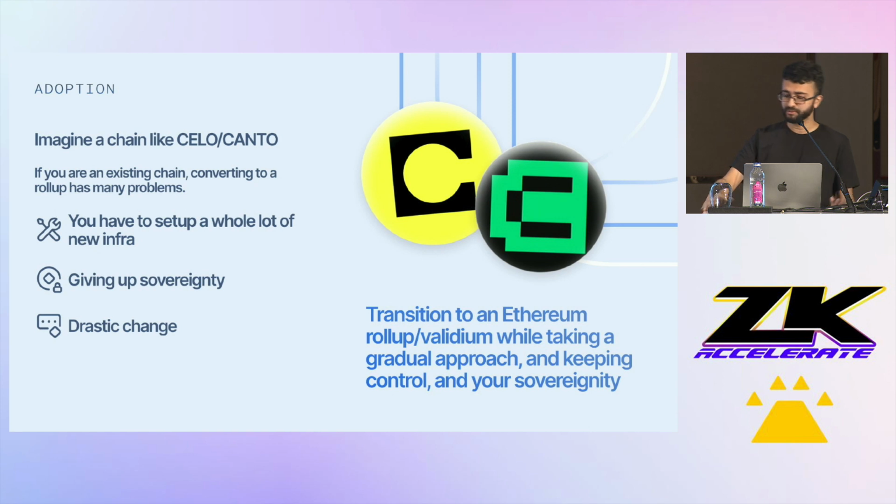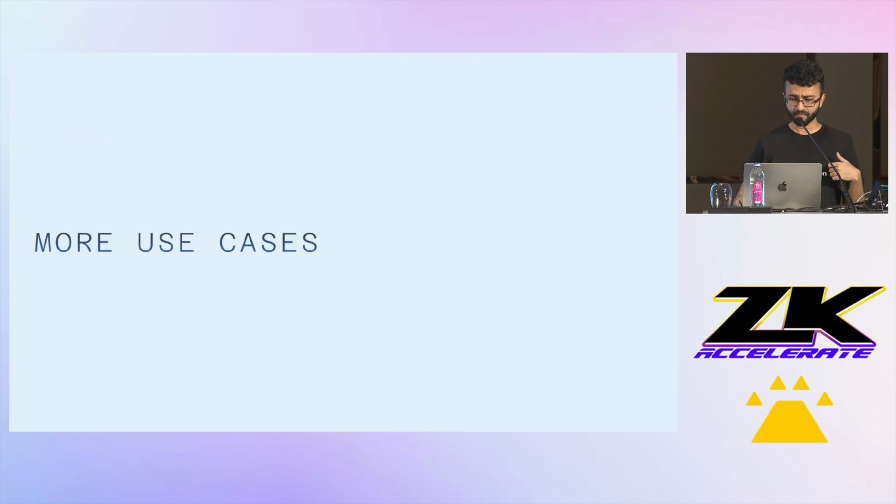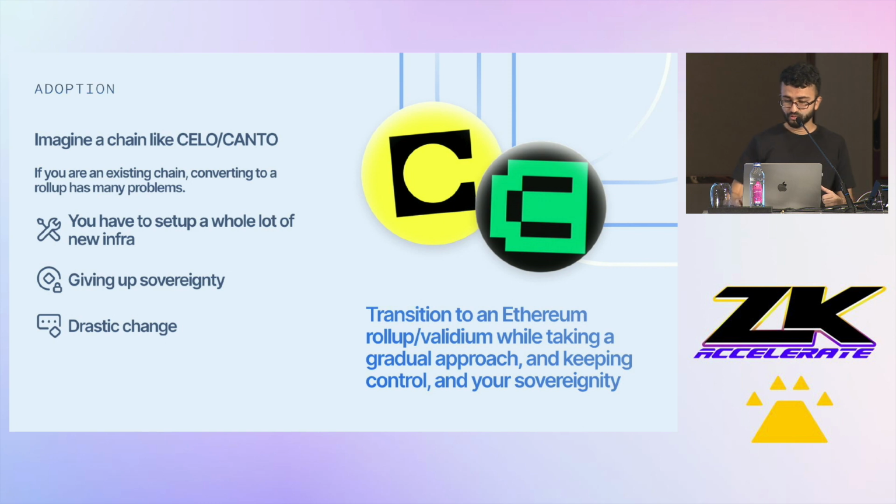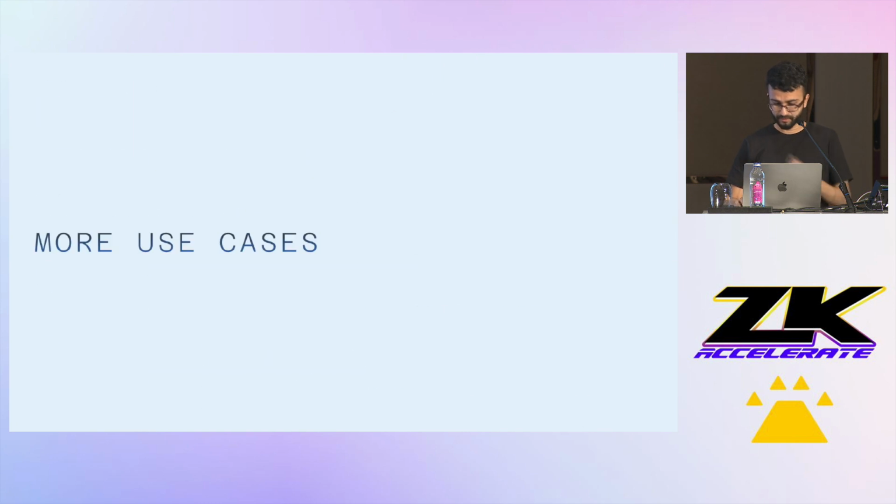So I believe more and more chains will increasingly start following this model as they transition to an Ethereum rollup architecture from an L1. Yeah, so that's the use case I just wanted to present. This is the first one. There are more use cases to come here. But just to summarize, we are enabling alt L1s to rent security from Ethereum.